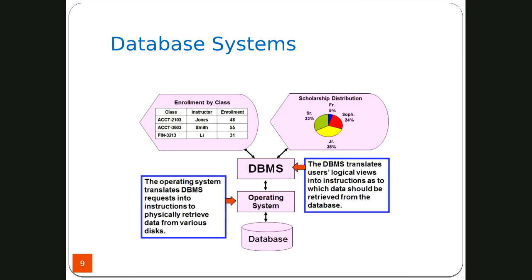Now here is the database. Here is the magnetic disk where the data is stored. So let's say this is the storage in your computer, 50 gigabytes.